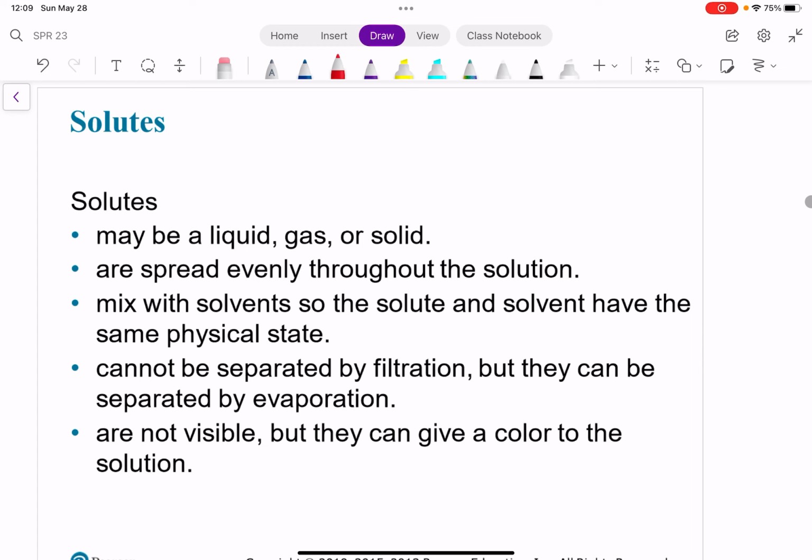Solutes are also spread evenly throughout the solution. That's what it means to actually dissolve something, is to have it spread evenly throughout the solution. If you see a solute in solution, that actually means that it didn't dissolve all the way, right? And we saw that with precipitates that we formed in lab during our precipitation reactions lab.